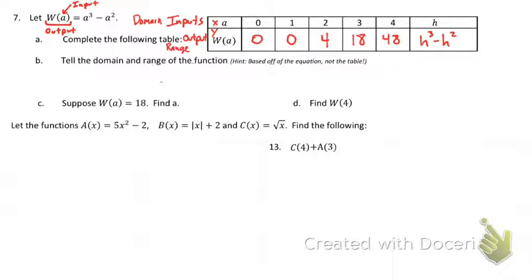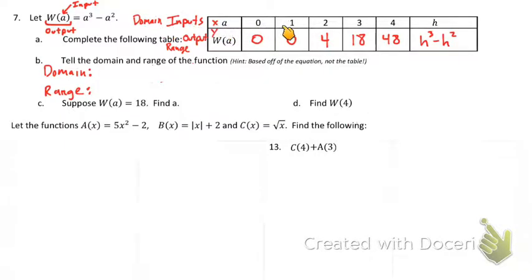Okay, now saying that, we want to talk about domain and range. But if you look at the hint in my problem B, it says we want the domain based on the equation. All right, we don't want the domain based on the table. And let me explain the difference. If we were doing the domain based on the table, remember your domain is just your inputs.